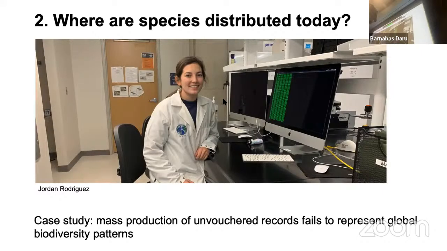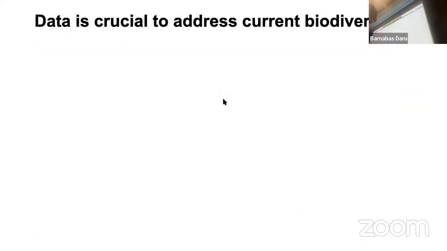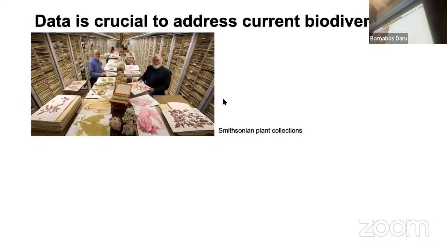And so we wanted to know how these unvouchered records, the mass accumulation of these records, represent our knowledge of global biodiversity patterns. To do this, we know now that data is increasingly becoming crucial to address the ongoing biodiversity crisis. Some types of biodiversity data can come from things like museum collections.